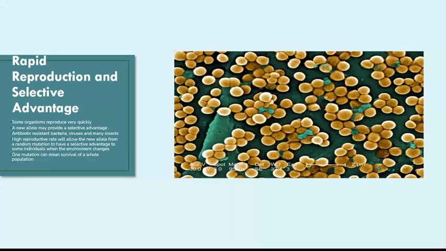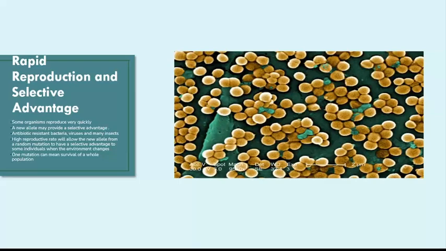In antibiotic resistant bacteria, viruses, or many other insects, this is the case. They reproduce very quickly, so they get this resistant gene really fast. A high reproductive rate allows new resistant genes from a random mutation to give a selective advantage to some individuals when the environment changes. You just have to understand that these things reproduce so fast.